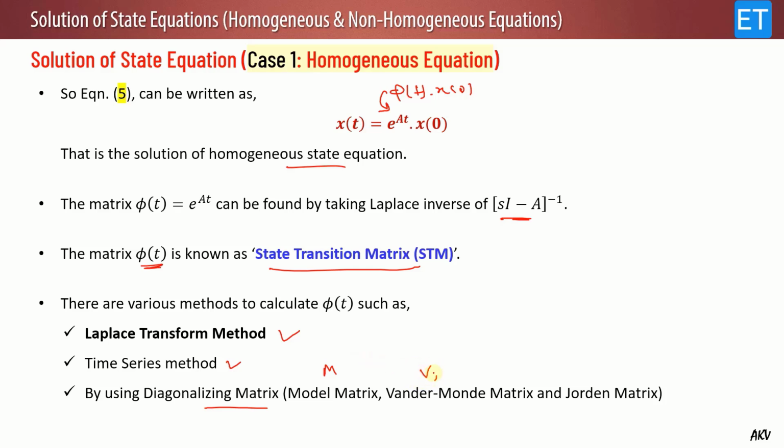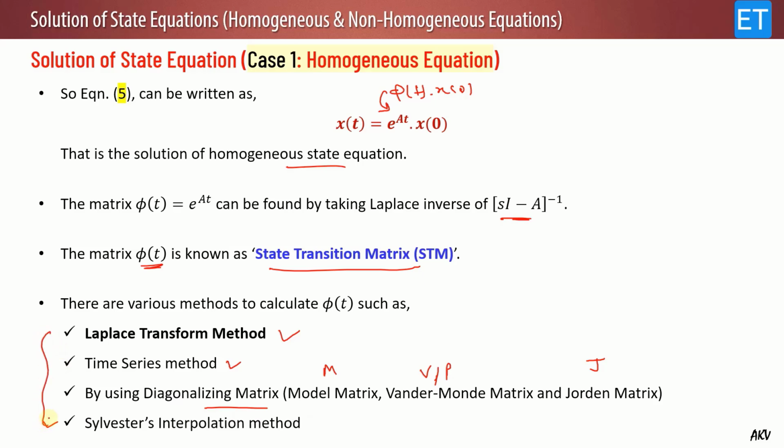Sometimes it is represented by V or P. This is made with the eigenvalues of the matrix A, and the Jordan matrix is also made with the eigenvalues. The Vandermonde matrix uses eigenvalues when they are distinct, and the Jordan matrix uses eigenvalues when they are multiple.